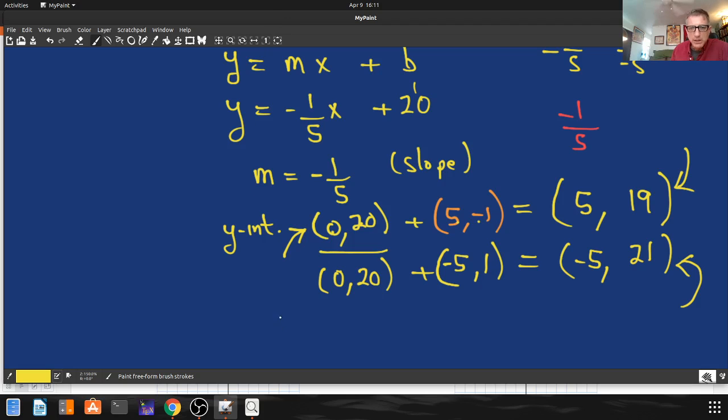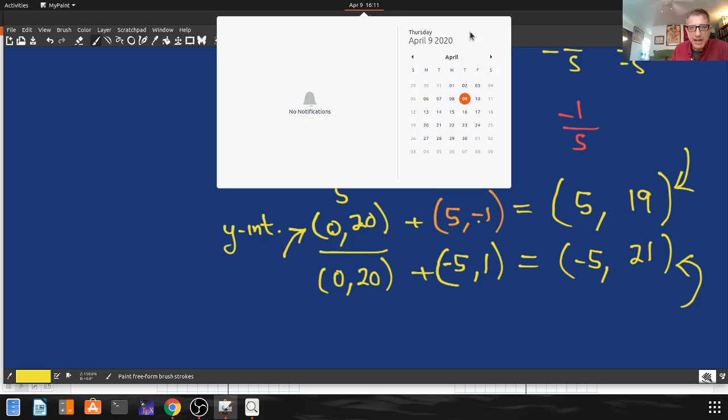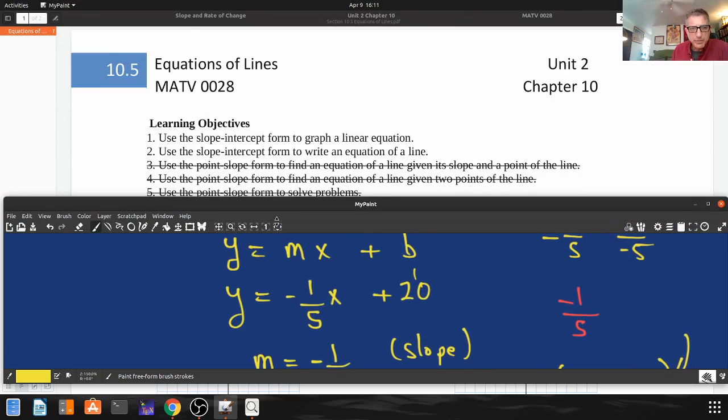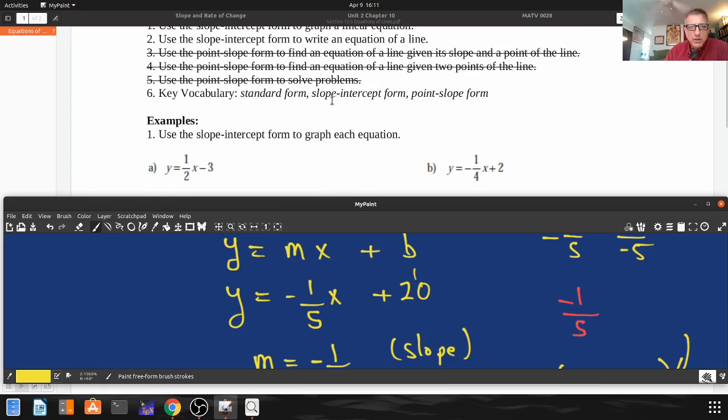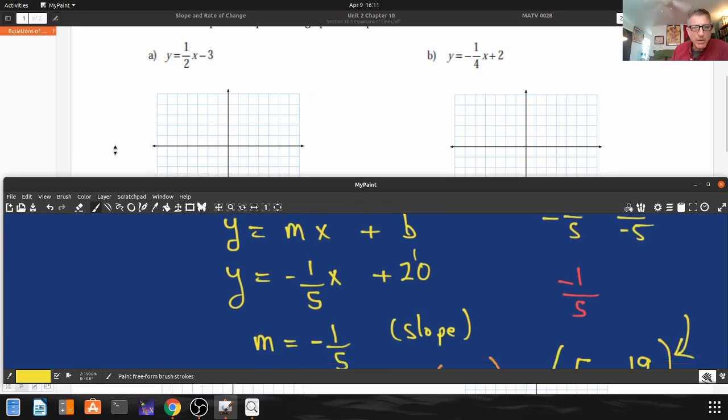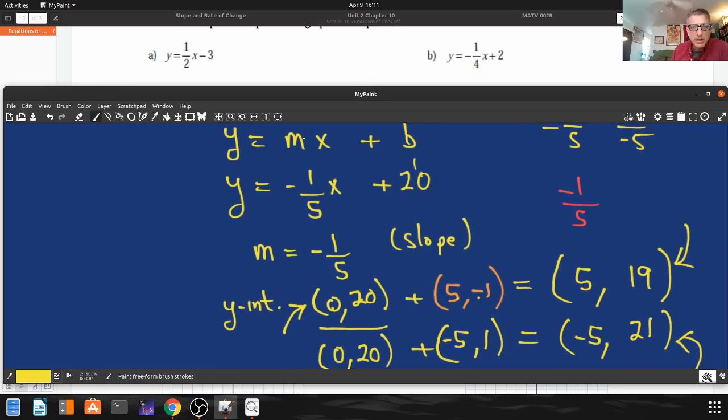So let's look at some actual examples. So I'm going to put that at the very tip top here. So in this case, you're always going to be given the equation of the line in slope-intercept form.